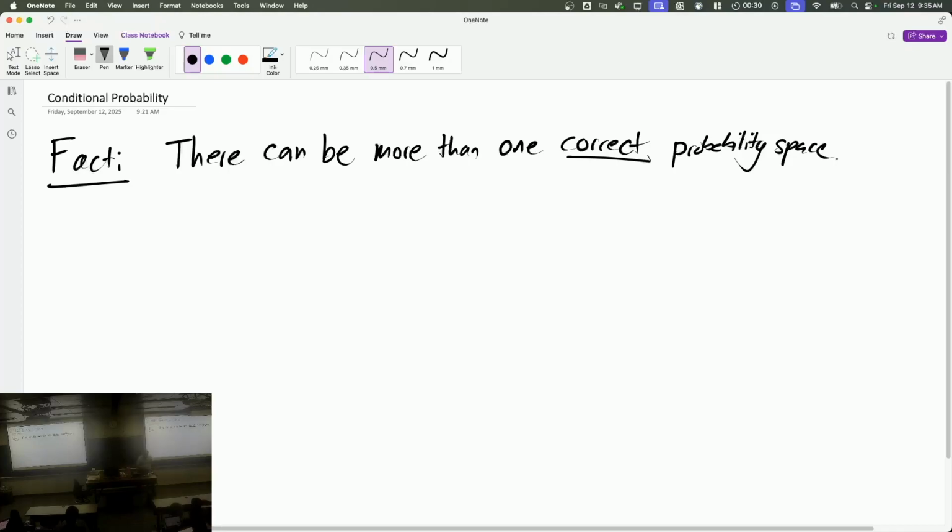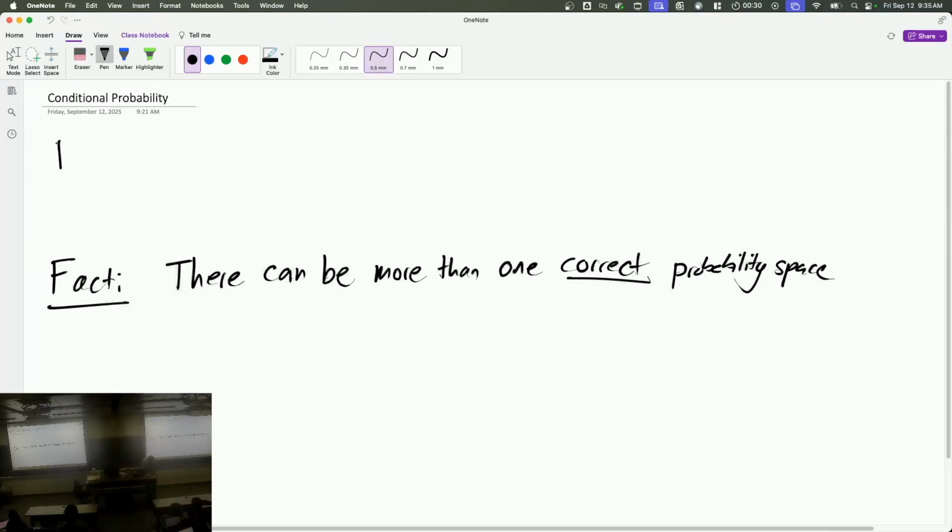I guess before we do this fact, let me do another fact, which is there are incorrect ones. Fact: not every answer is correct, so this is a good place to clear up some misunderstanding.